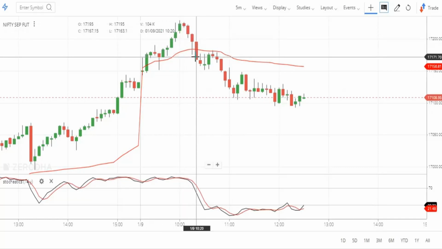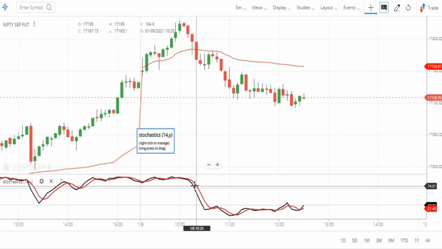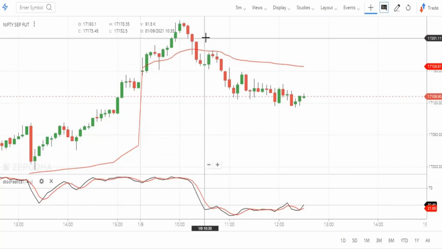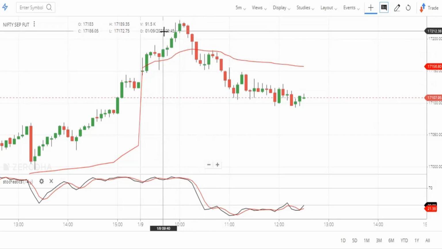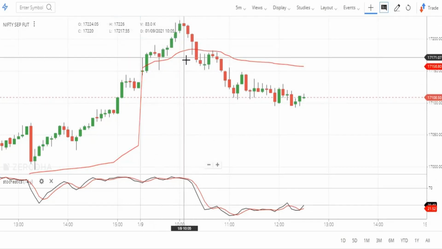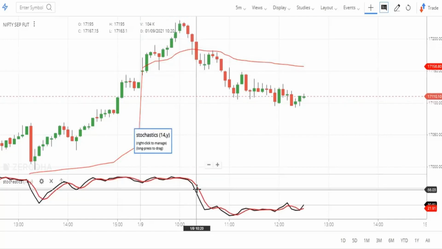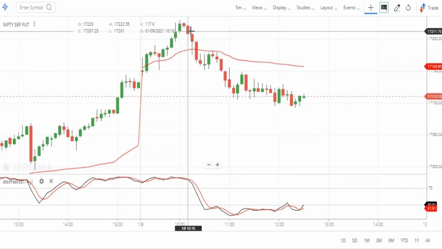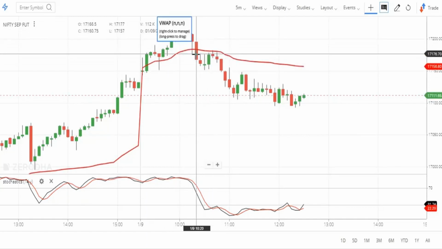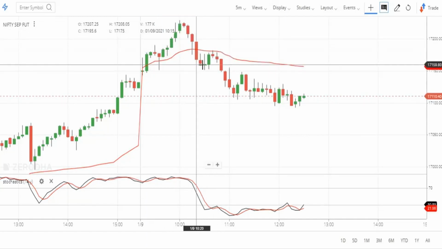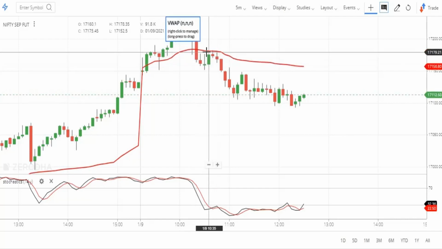VWAP gave a good volume closure, and stochastic was negative as well. When multiple confluences and context come together, that is when you can take advantage of it. VWAP was negative, stochastic was negative, RSI was negative, and we had negative momentum starting in our favor. This zone is where you can short the markets if you want to.